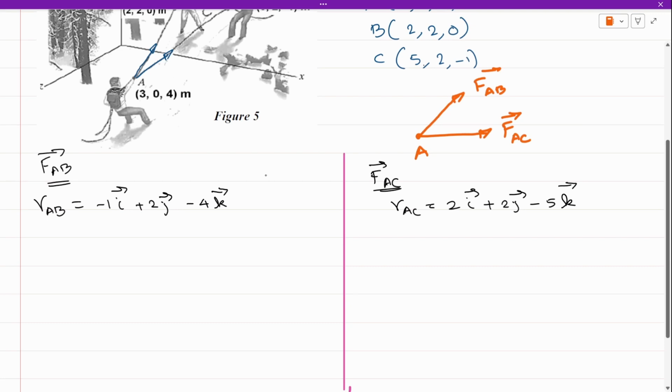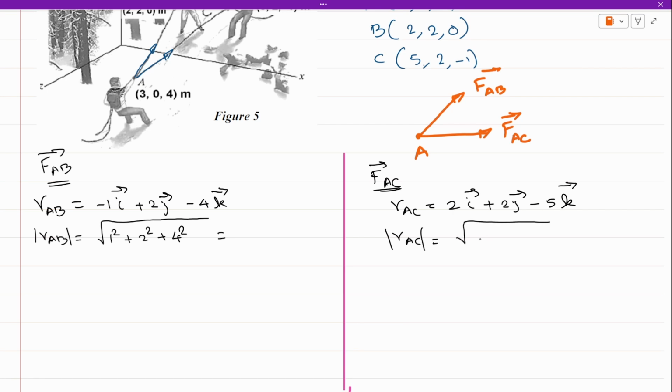The next step is to identify the modulus of RAB. The modulus of RAB is root of 1 square plus 2 square plus 4 square. Similarly for RAC, the modulus will be root of 2 square plus 2 square plus 5 square.